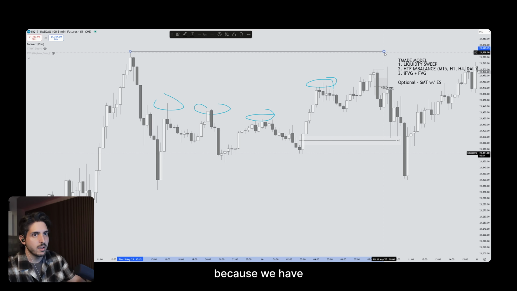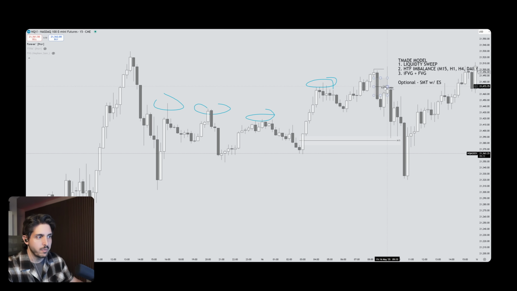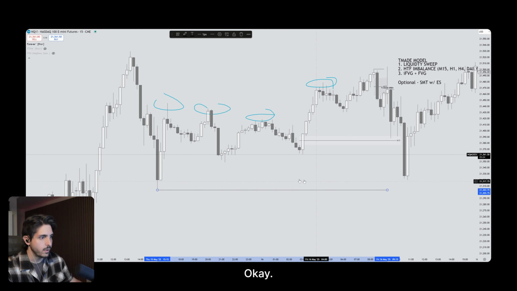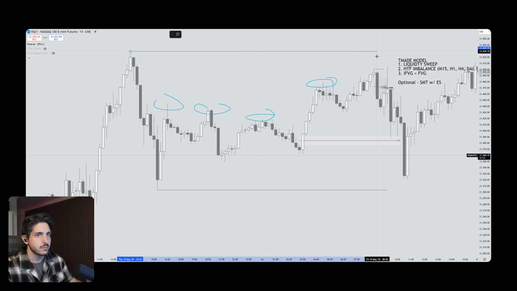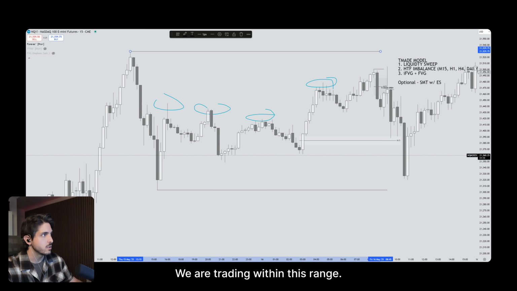But because we have this bearish fair value gap here, we also have this low here, and we have this high here. We're trading within this range.